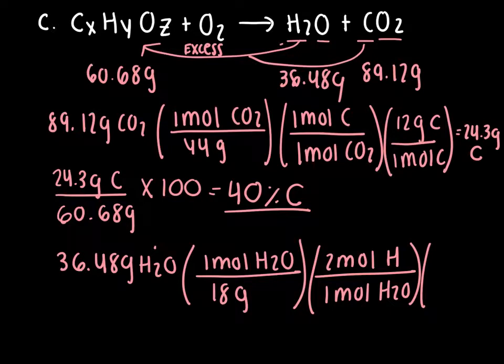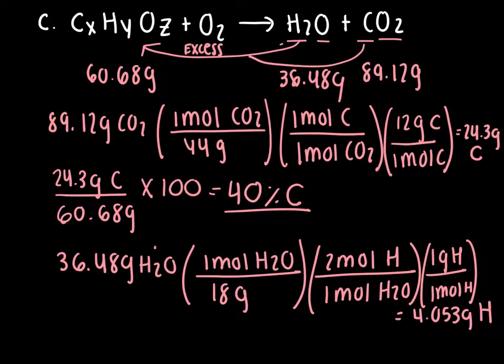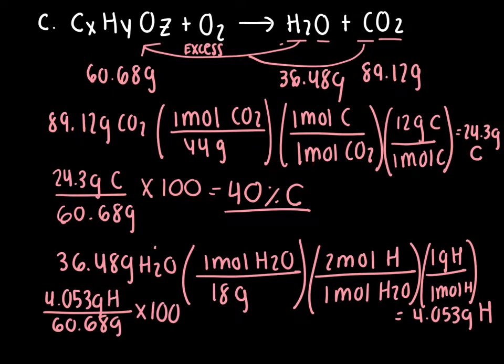And then we'll use the mass of hydrogen to convert to grams of hydrogen. So this gives us 4.053 grams of hydrogen. Now when we divide by 60.68 and multiply by 100 to get our percent mass, we end up with 6.68% hydrogen.